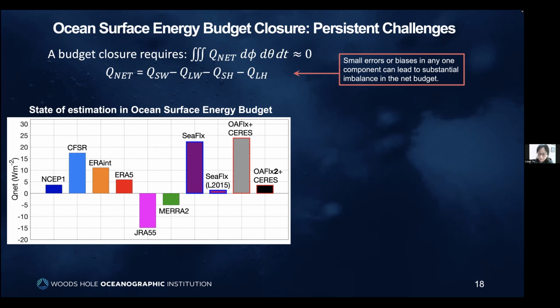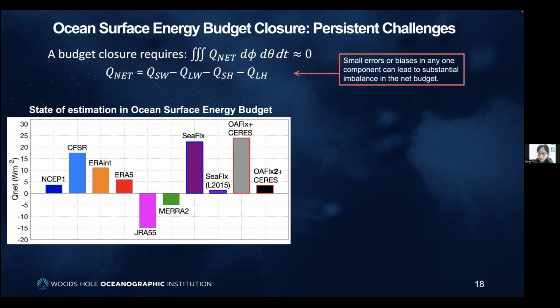And for the satellite products, I compared the Cflux versus OAFlux. Cflux's original version shows about 22 watts per square meter imbalance, which is comparable with our first version. OAFlux is around 20-something watts.